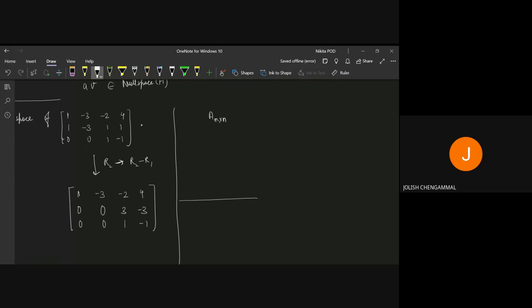Now one example I can give you. If we have maybe three columns and five rows, there are only three variables. So there will definitely be some linear combinations of the rows in the equations.